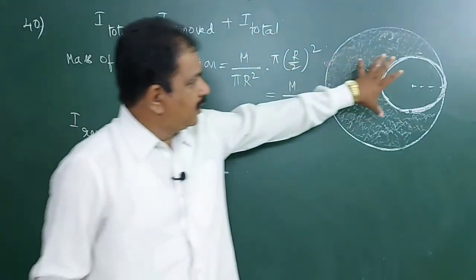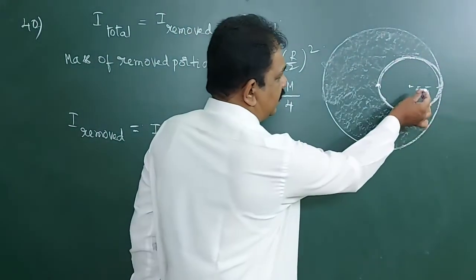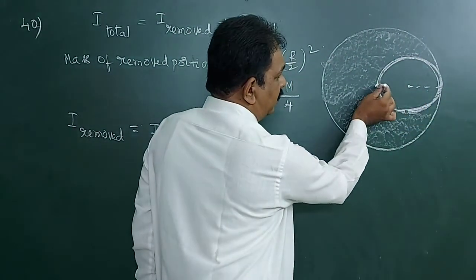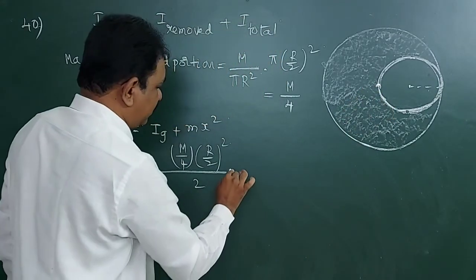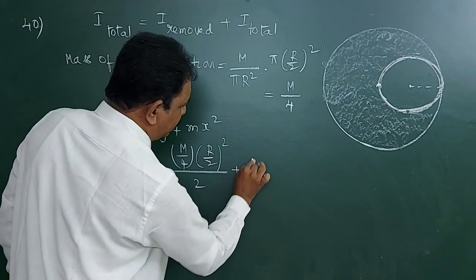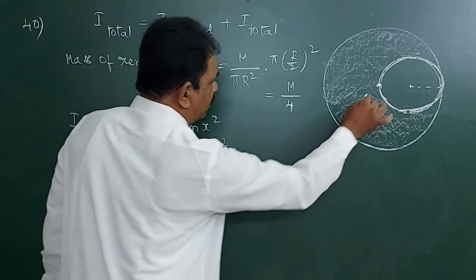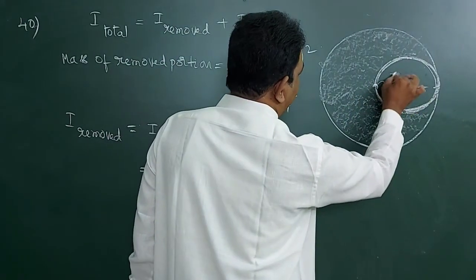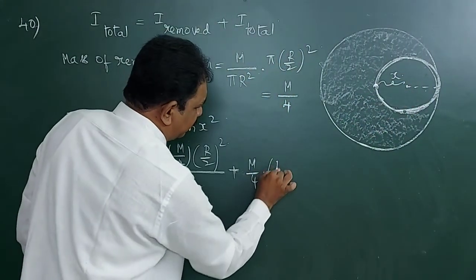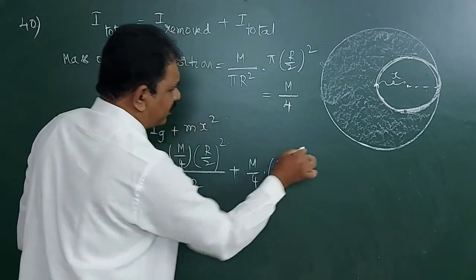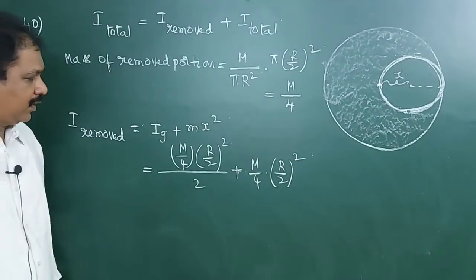About this axis we have to find, so mass value will be m by 4, and this distance value x will be r by 2, whole square.